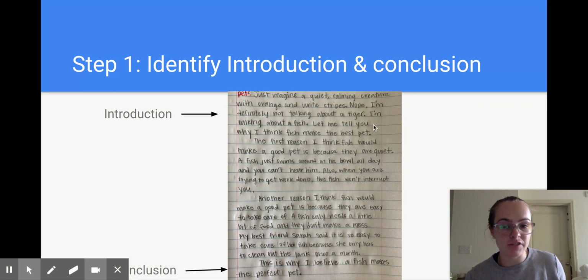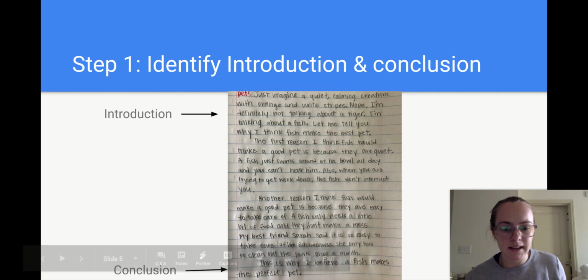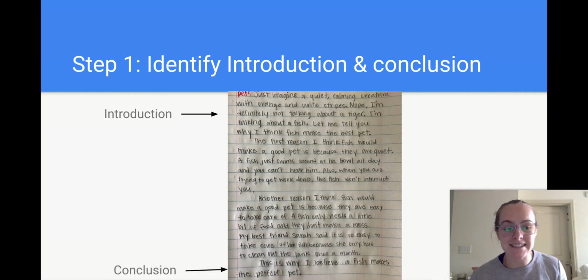In your introduction, friends, that is where you are stating your opinion. So that was my introduction. The second thing that I needed to identify was my conclusion, and that is at the very end of my writing, and that's where I'm restating my opinion.